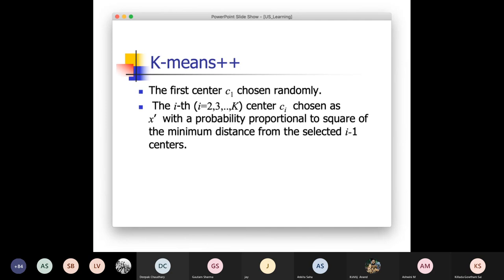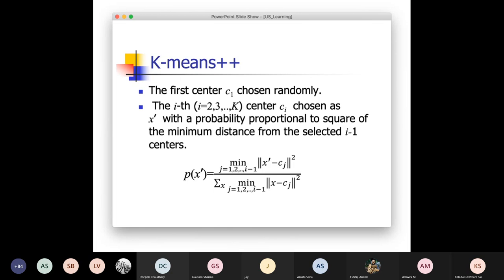You choose that data point with a probability proportional to the square of the minimum distance from the selected i minus 1 centers. So it's a bit random, and your probability is defined in this way.